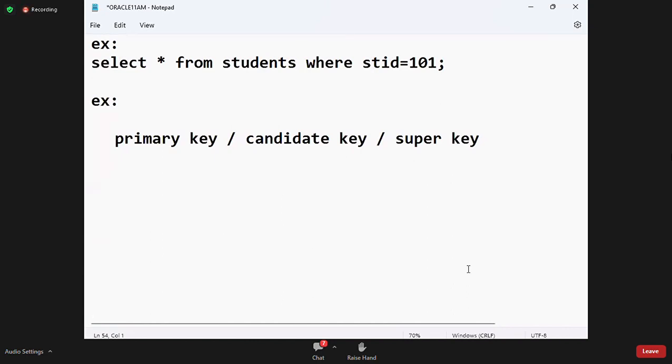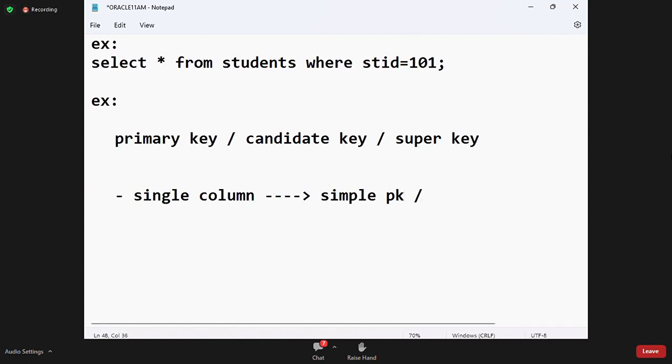That means a primary key column will behave in different formations: super key formation, candidate key formation, primary key. But when we call these things, observe. When your primary key is applied on a single column in a table, then it is called a simple primary key.